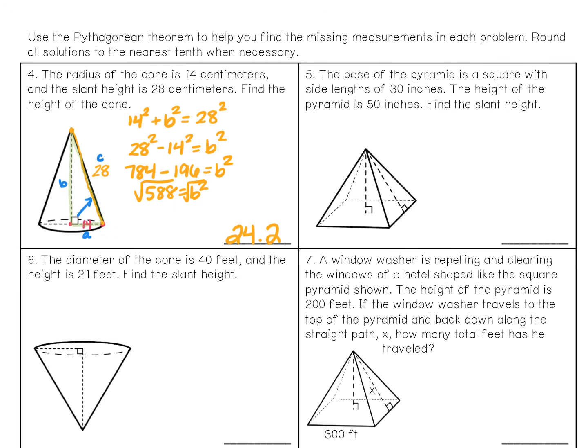The next example gives us a pyramid. The base of the pyramid is a square with side lengths of 30 inches. The height of the pyramid is 50 inches. Find the slant height. Now remember that slant height is the height on the surface of the pyramid.